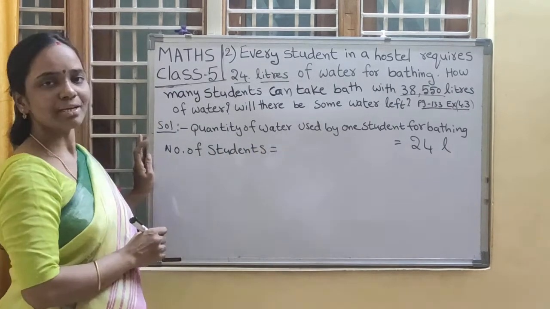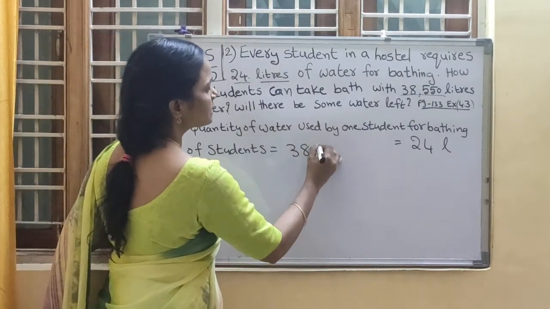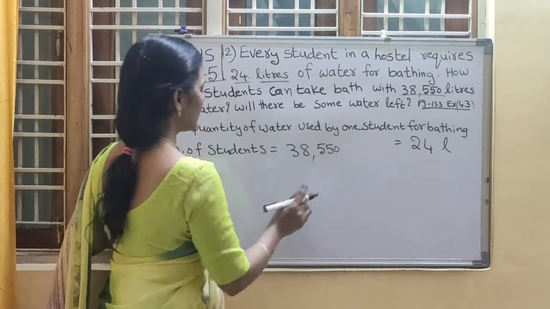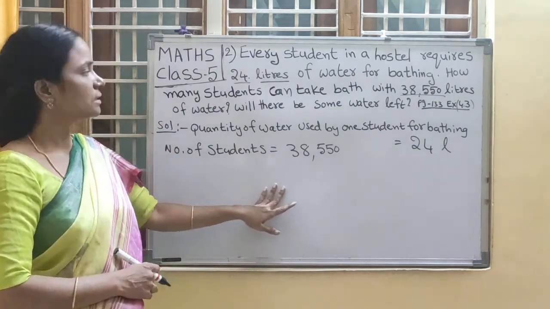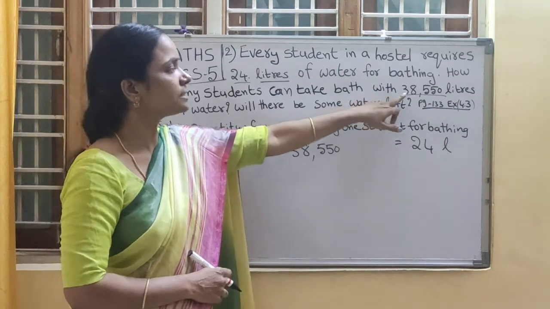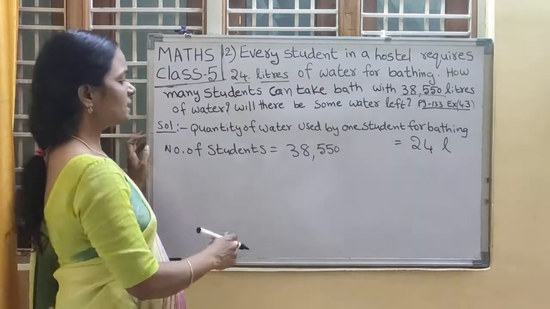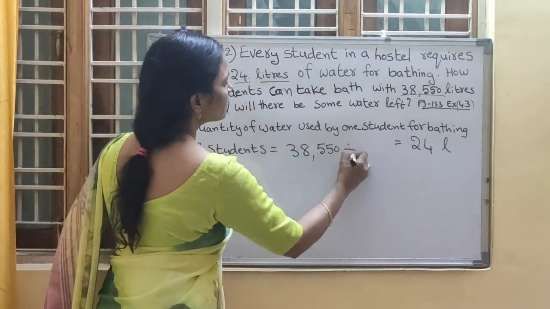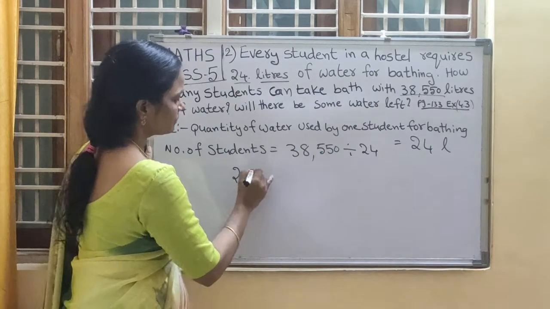How do we get the number of students? We have to take division. Number of students who can take bath with 38,550 liters is equal to 38,550 divided by 24. Okay, take long division here.